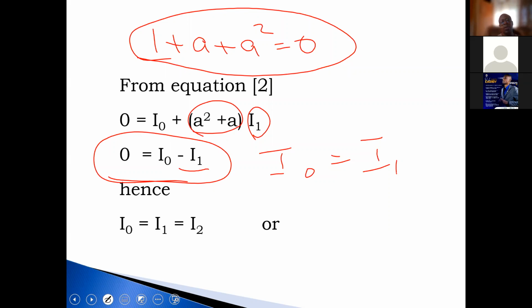So I0 being equal to I1 being equal to I2, if I substitute that into equation 1, then I'll get that IA is equal to 3 times I1. In other words, the faulted phase would have a current which is equal to 3 times the positive sequence current.